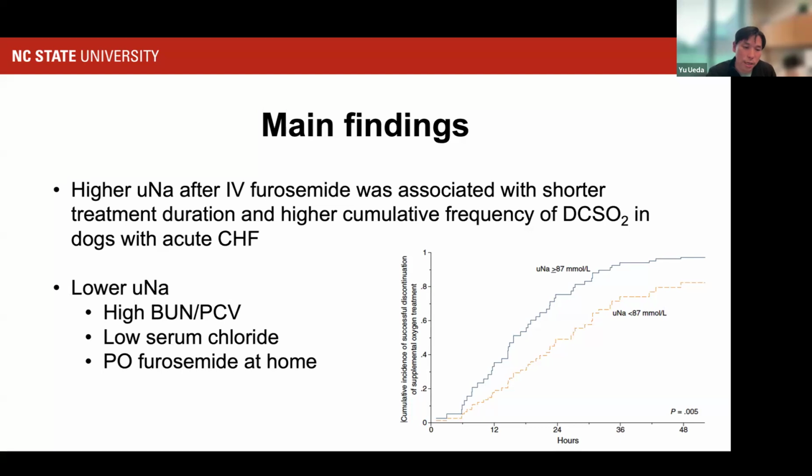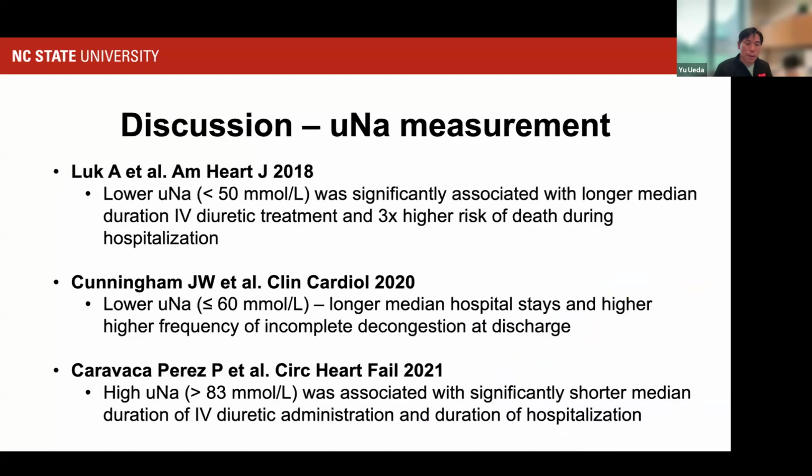They also found that lower urinary sodium concentrations were associated with high BUN and PCV, hemoconcentrated patients, which will probably decrease the perfusion to the kidney, with high BUN and low serum chloride concentrations, and the patients on oral diuretics such as furosemide and torsemide at home. So that's what they found in this paper.